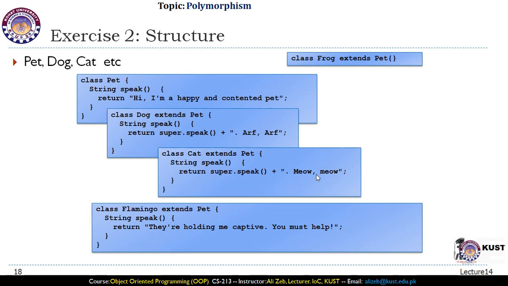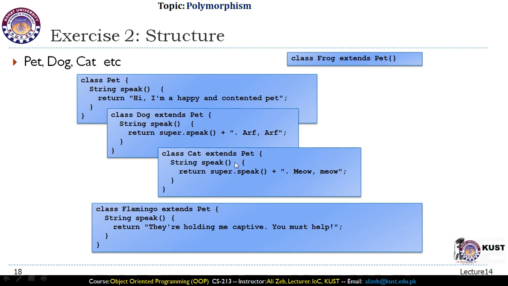You can include the implementation details or any missing syntax. For example, the pet class has a speak method which prints a certain statement. Then that class is extended by the dog class, and the dog class overrides the speak method with some addition to that method.